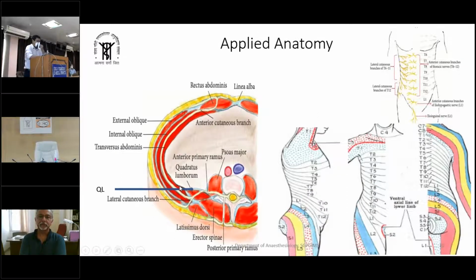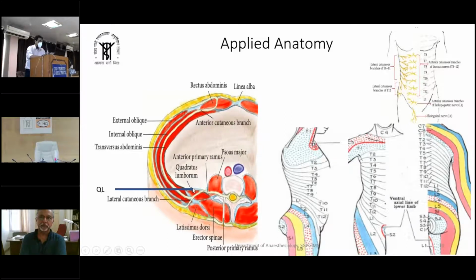In 2012, it was thought, why not block the spinal nerves closer to the neuraxial axis? So they arrived at this plane, that is anterior to the quadratus lumborum muscle. When we deposit local anesthetic here, it is known as the QL block or the quadratus lumborum block. The concept behind it is that here the potential space was even lesser than in the TAP plane.